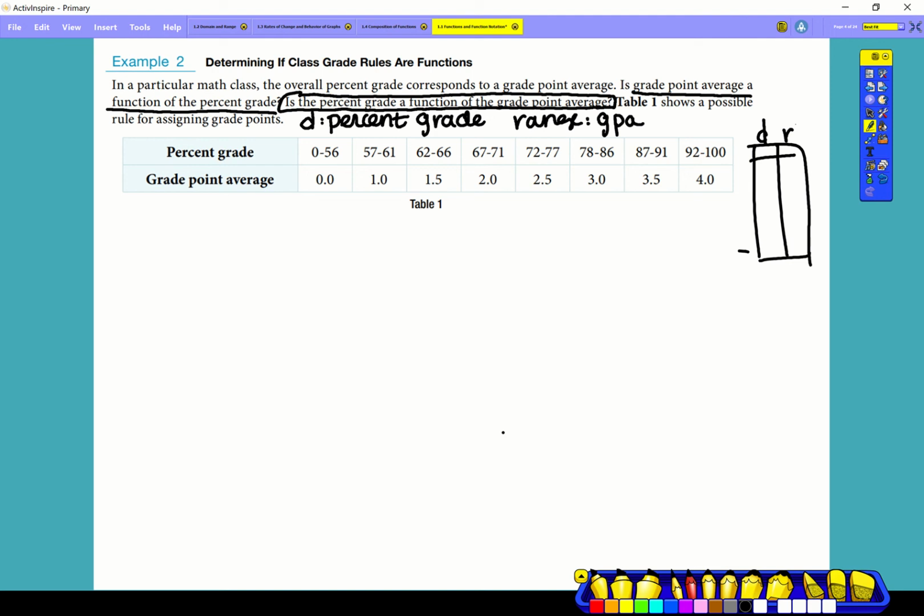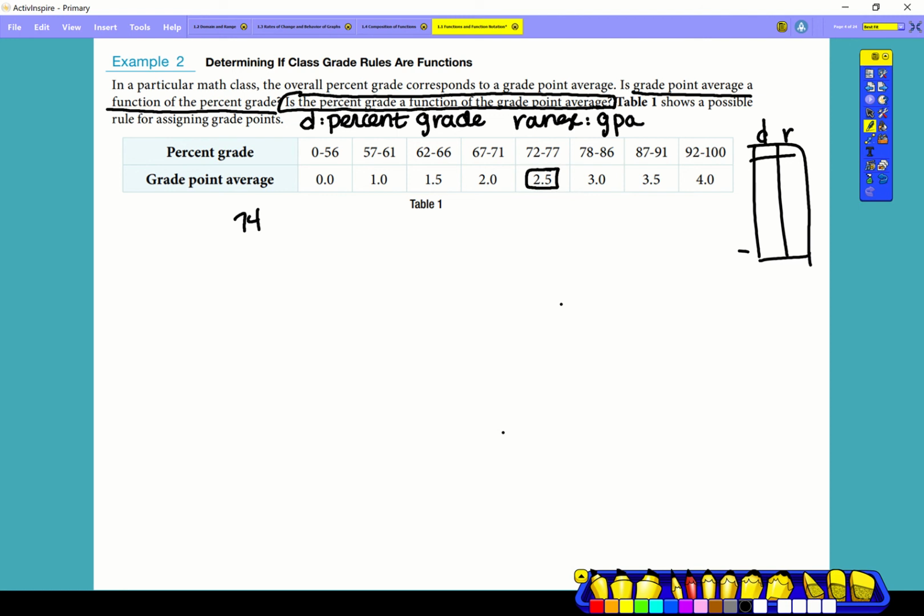So we may as well get used to writing it that way. So is this a function? Well, look at it. We need one x value to go to only one y value or output. So one input to one output. Well, what happens if I have a 74? It looks like my grade point average is going to be a 2.5.